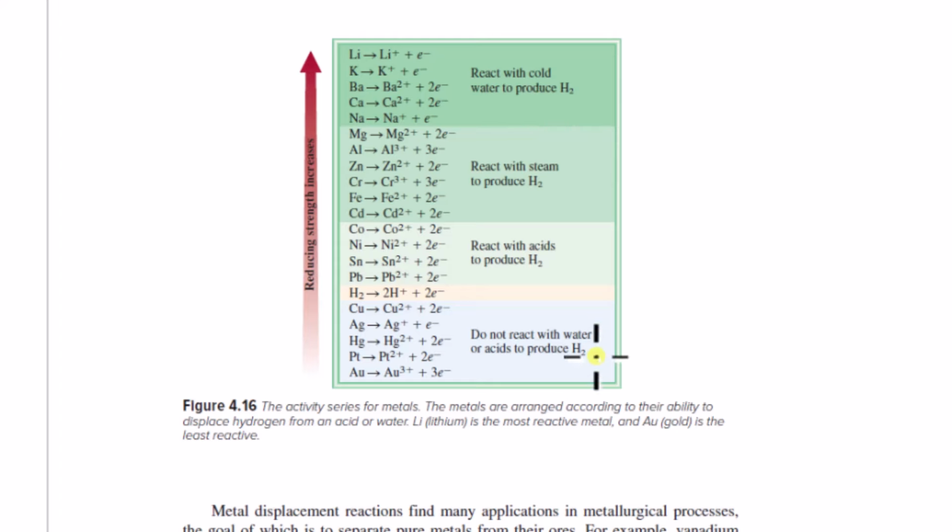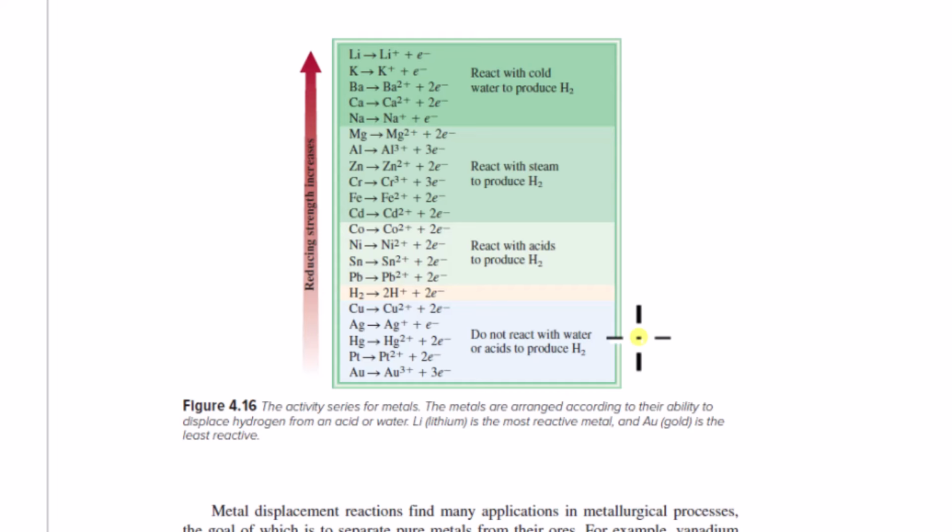The activity series for metals organizes metals relative to one another based on their reactivity from most reactive to least reactive. It's used to summarize information about the reactions of metals with acids and water and with other metallic compounds, like the extraction of metals from their ores.